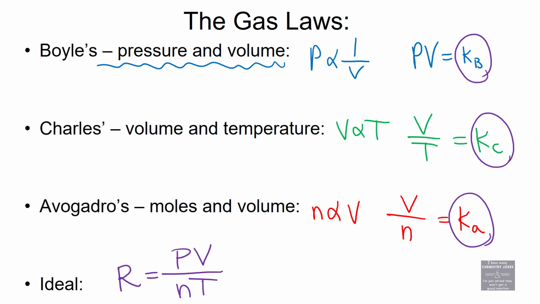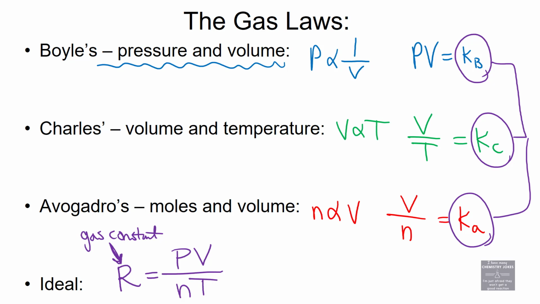If I know that each of these individually equals some sort of constant, there has to be some sort of constant relationship between all of those variables as well, and this is what we came up with. So this R is called the ideal gas constant, or just the gas constant, and we will see that one a lot.